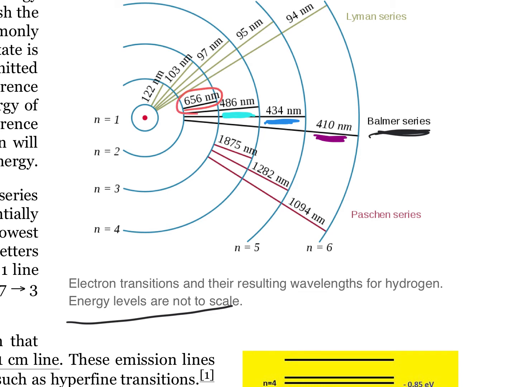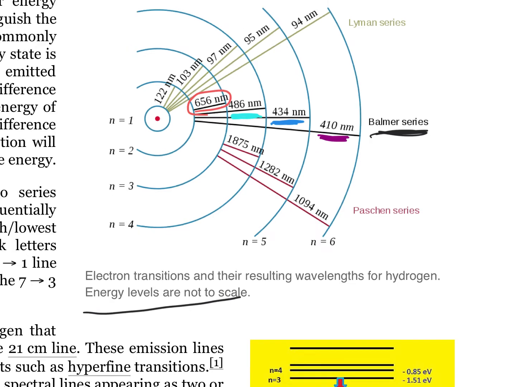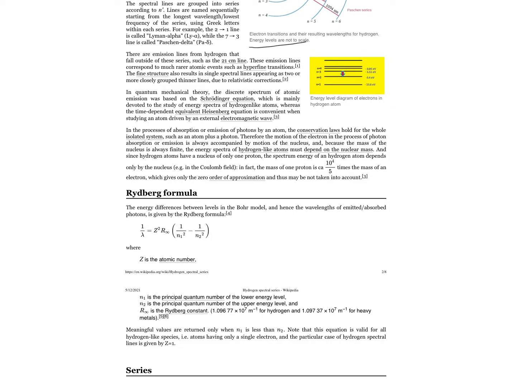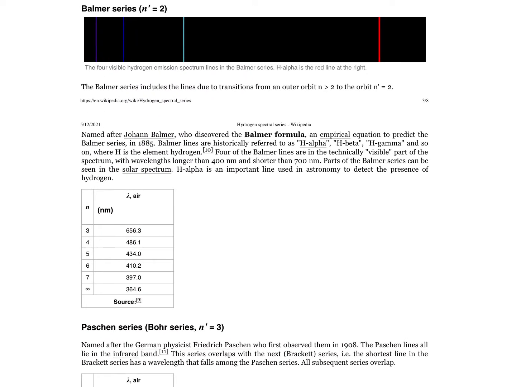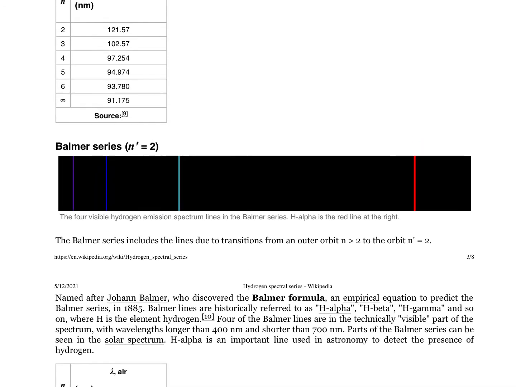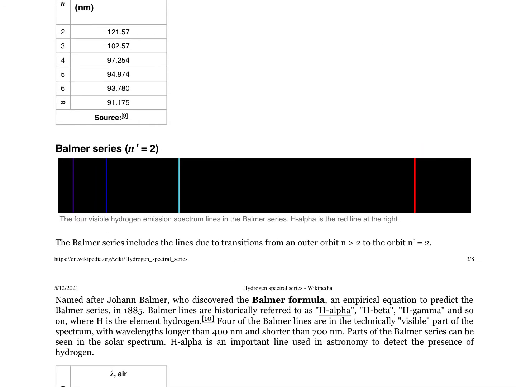That's the color that you get from each of those transitions, from 3 to 2, 4 to 2, 5 to 2, 6 to 2. There are other transitions that occur as well, but we don't consider them. Because for the Balmer series, we can see that red over here, we can see the teal over here, we can see our blue, and we can see our violet.